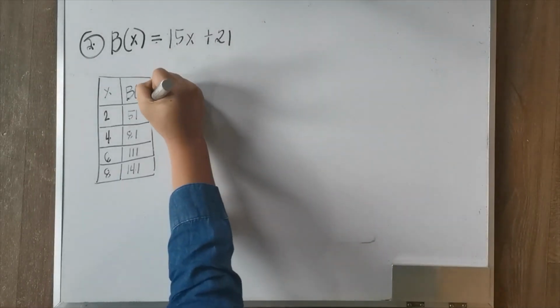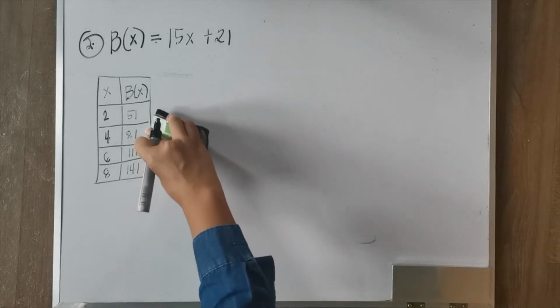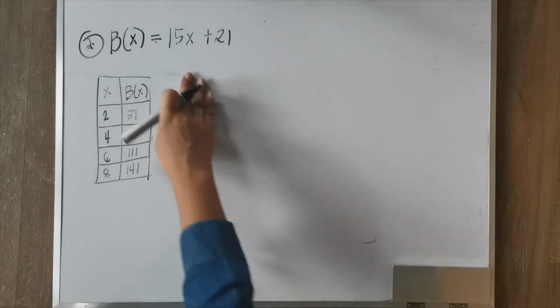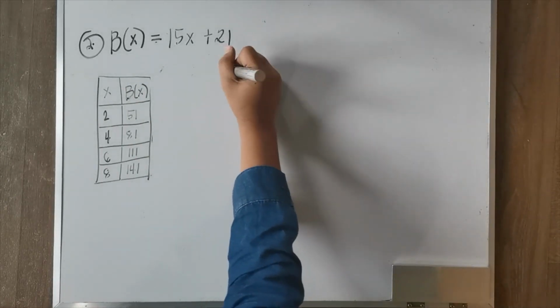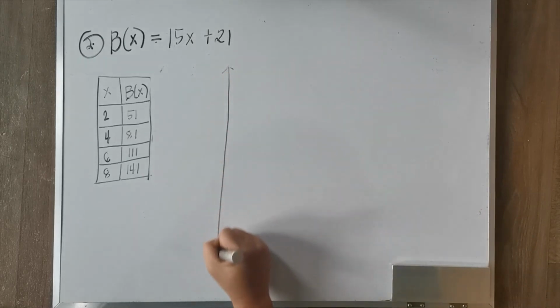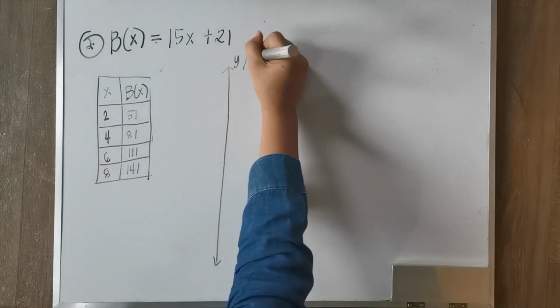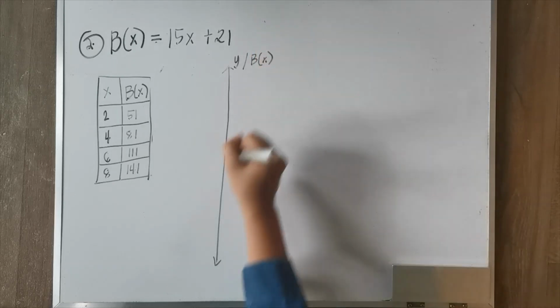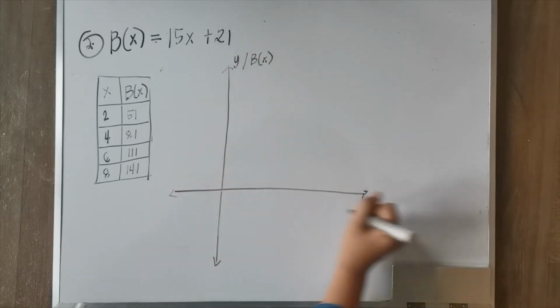We have to be careful with our scaling because once our scale or our interval is incorrect, our graphical presentation will also be incorrect. So I will be making use of the first quadrant since I don't have negative numbers here. So this is my y, or this is also my b of x. Here will be my x.